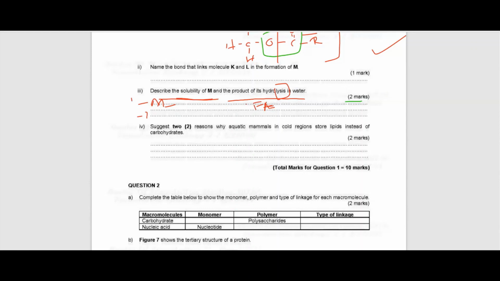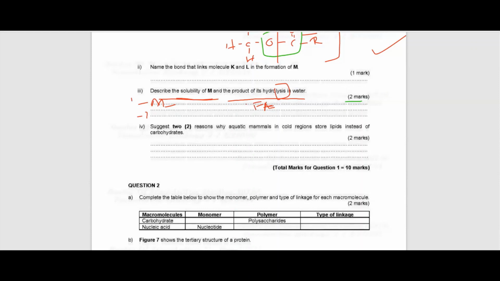This animal has to have a thick layer of fats, which we call blubber. For example, whale. The size of the whale is really big. So how can this really heavy animal swim in the water? It is due to the presence of the thick layer of fat. We call it blubber.